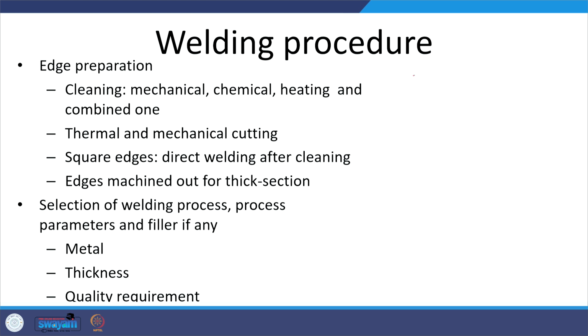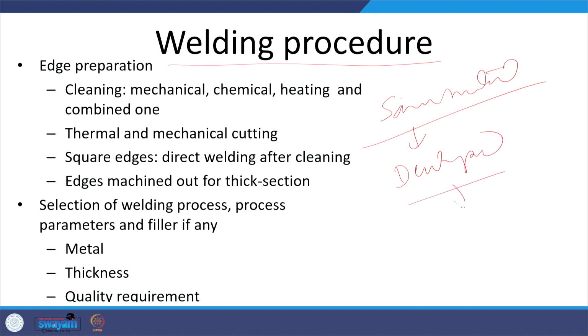Okay. So, there are various aspects related to the welding procedure. Using, say, the same metal, the different steps are followed and the joint is developed. Okay. And then these joints are tested to see their performance. If the joint developed using a particular procedure performs satisfactorily, then the same thing is repeated to develop the actual weld in the real component.